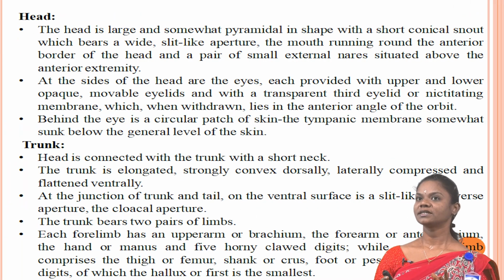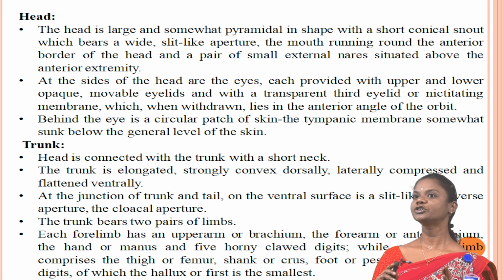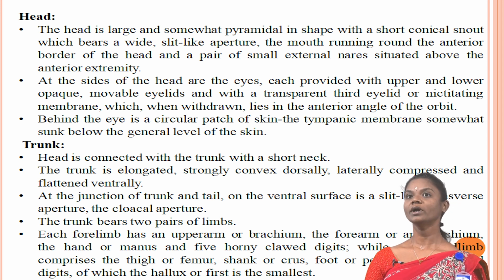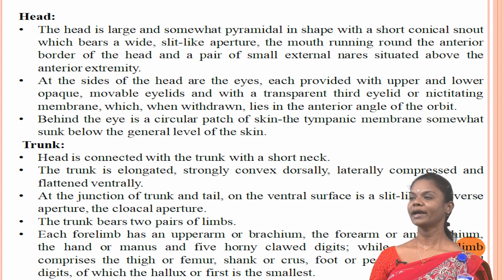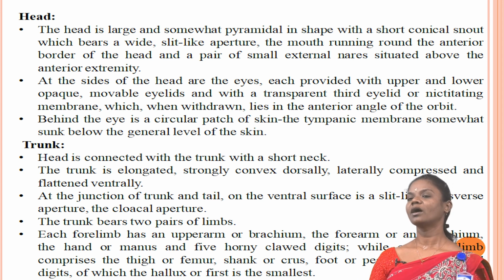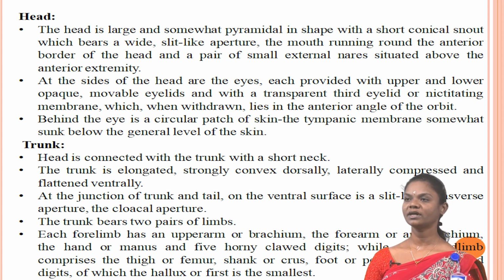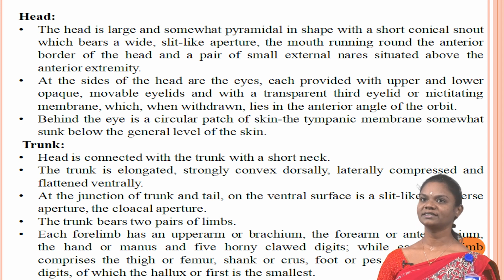The head region is large and somewhat pyramidal in shape, with a short conical snout which bears a wide slit-like aperture, the mouth, running around the anterior border of the head. A pair of small external nostrils is situated above the anterior extremity.